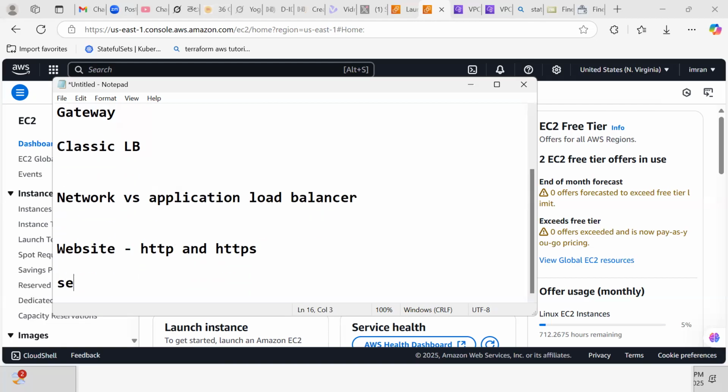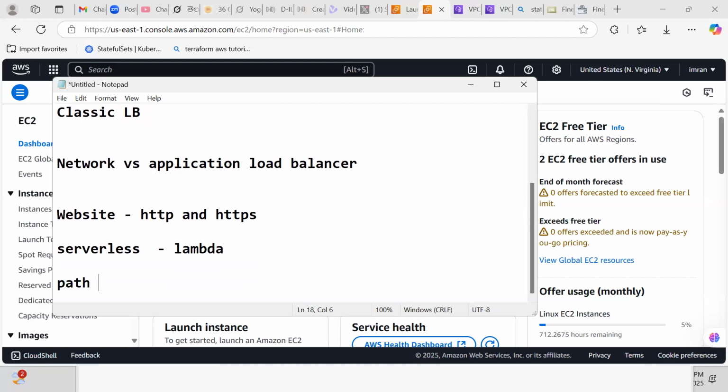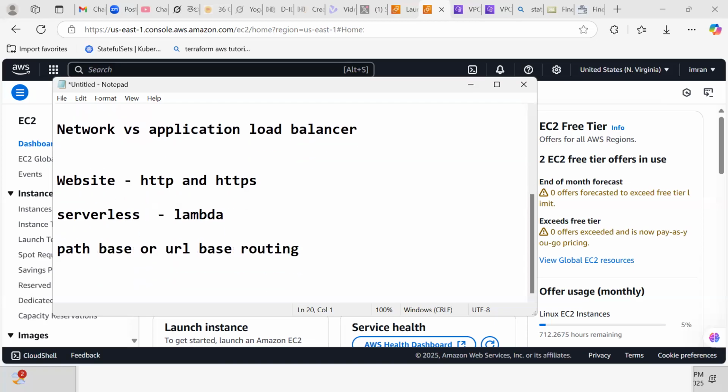Then we have a serverless application, so we are going to use Lambda. Then I want to do path-based routing or URL-based routing. Then we have name-based virtual hosting.